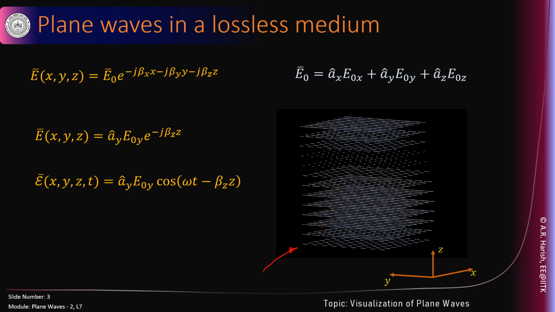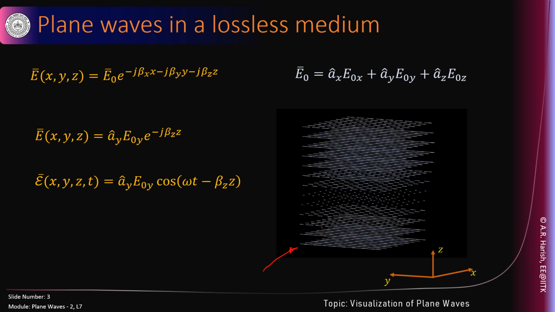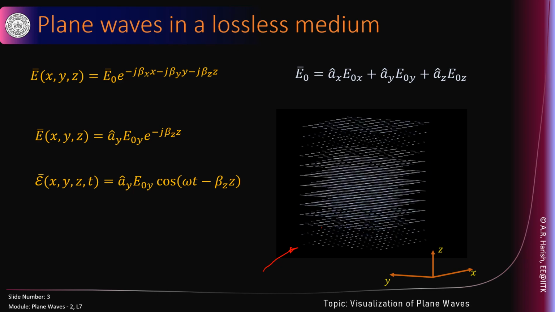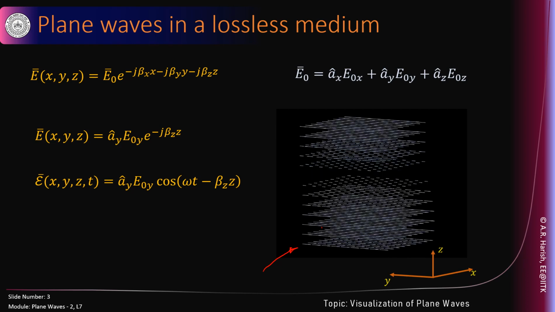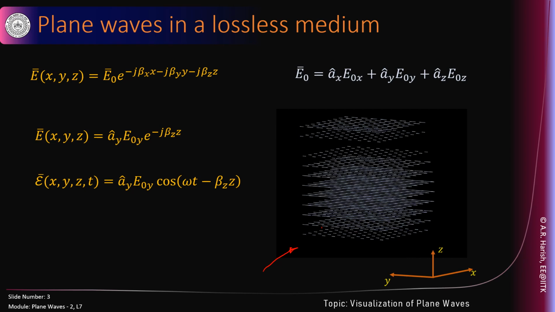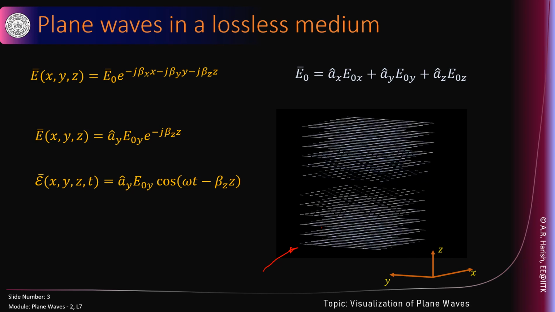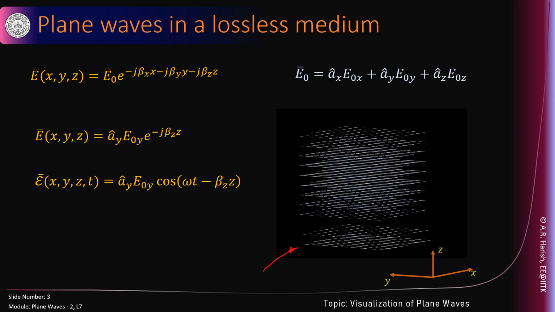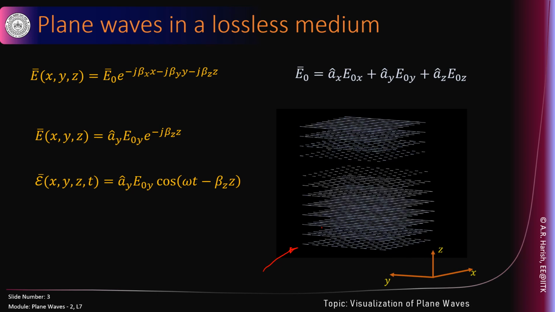It is decreasing, gone to 0, started increasing towards plus y direction, touched maximum, decreasing, comes to 0, starts increasing towards minus y, and so on. Its amplitude at a given point in space keeps increasing, becomes 0, goes to negative, becomes 0, and it keeps oscillating like cosine omega t because z is fixed.